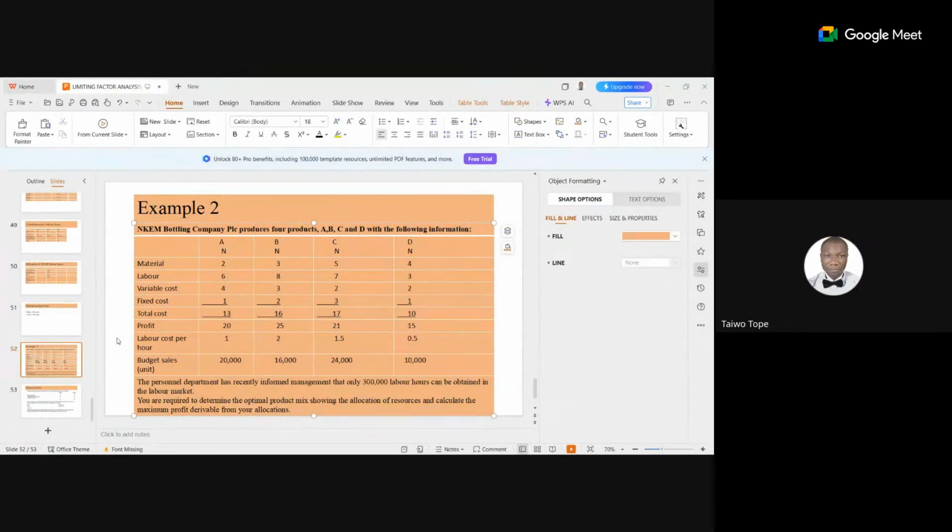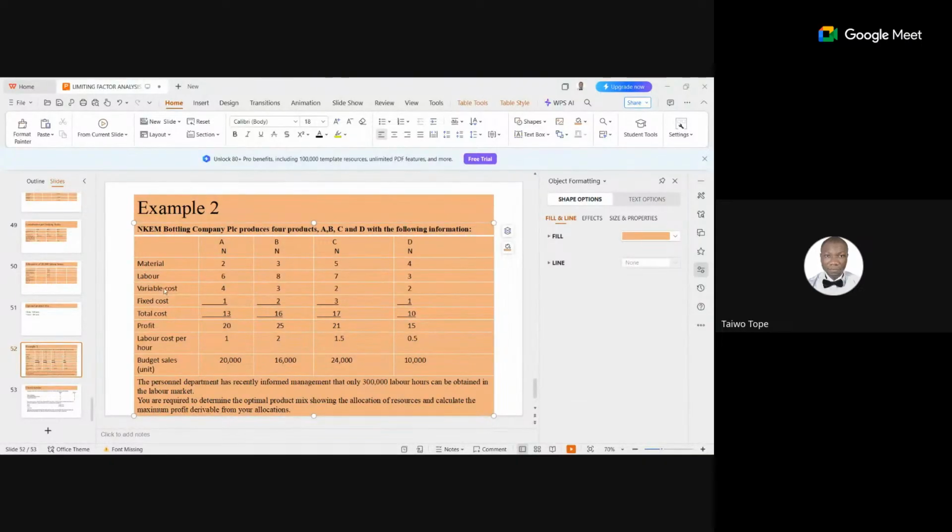Take note, this is labor cost per hour. Some people might want to interpret it as labor per unit. It is cost now. Now, how will you determine the labor for 1 unit? Here, overall, this is 6 naira.